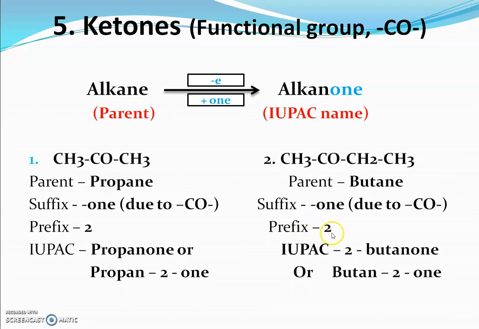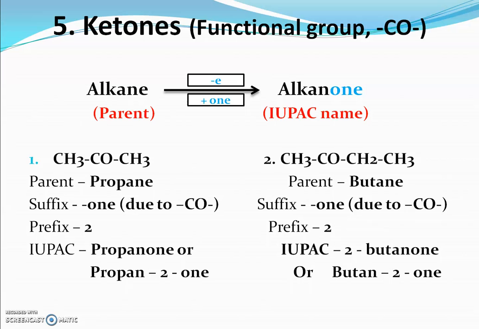The prefix is 2. Now you have to number the chain. The numbering will be done from left to right, and when we number this chain from left to right, the position of the keto group is second. That's why the prefix is 2, and that's why the IUPAC name of this compound is 2-butanone or butan-2-one.